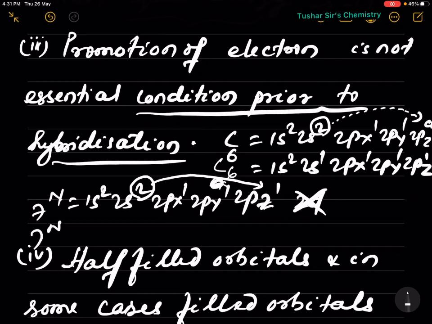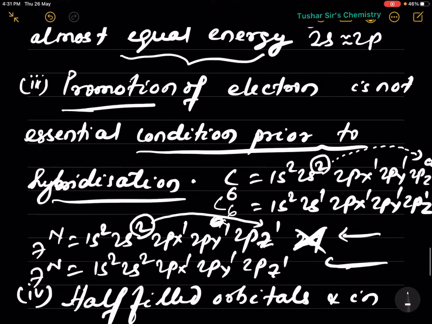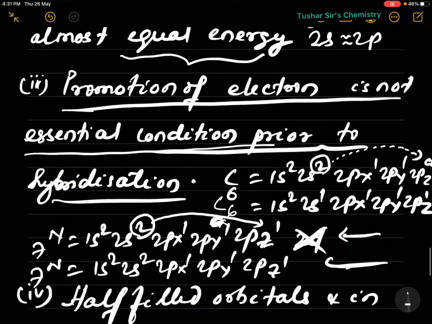So in the excited state, the configuration will be 1s2, 2s2, 2px1, 2py1, 2pz1. This is the ground state, this is the excited state. In both cases, you will find the electron configuration is the same. So promotion of electron is not an essential condition prior to hybridization.